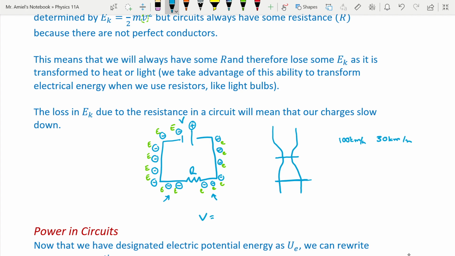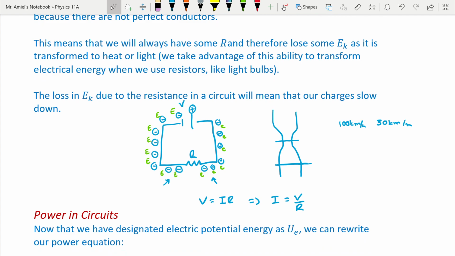Okay, so what we can say is that our voltage, the amount of energy that we get, let's look at this in terms of Ohm's law, and we'll change it to this version. We're saying that the current is determined by the amount of energy given to the charges by the battery and the resistance in the circuit. So both of those things together determine how fast your current is going to flow.